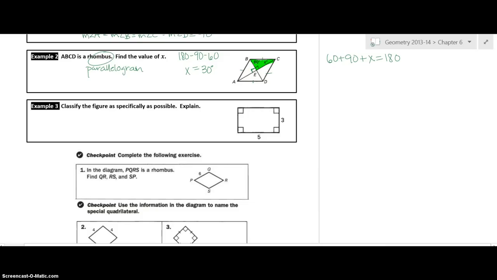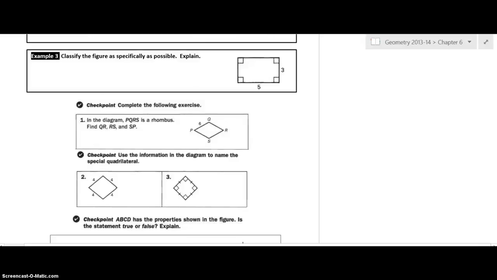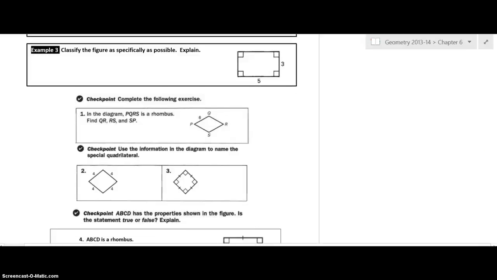Example number 3. Classify the figure as specifically as possible and explain. Okay, so first of all, the most general is a polygon. We know it's a quadrilateral because it has 4 sides. We know that it's a parallelogram because opposite angles are congruent.